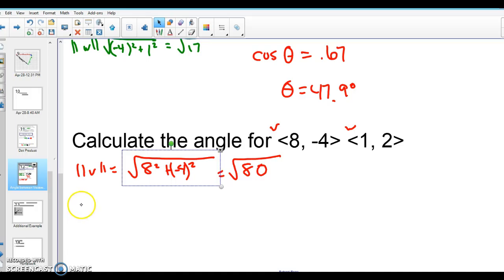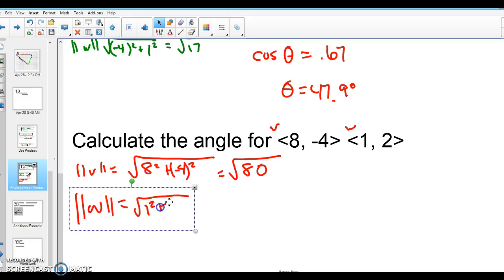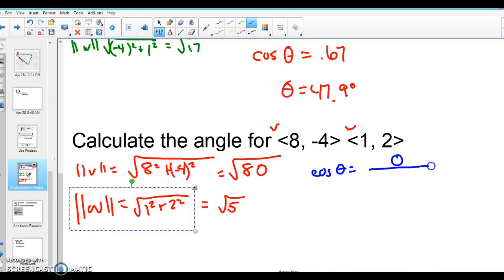Root 80, that could be simplified, but since I'm just going to plug it into a larger formula anyway, I'm not going to worry about it. For W, 1 squared plus 2 squared. So you get root 5. So then I use those two in my formula. Cos theta equals the dot product of 0, calculated a minute ago, over root 80 root 5.